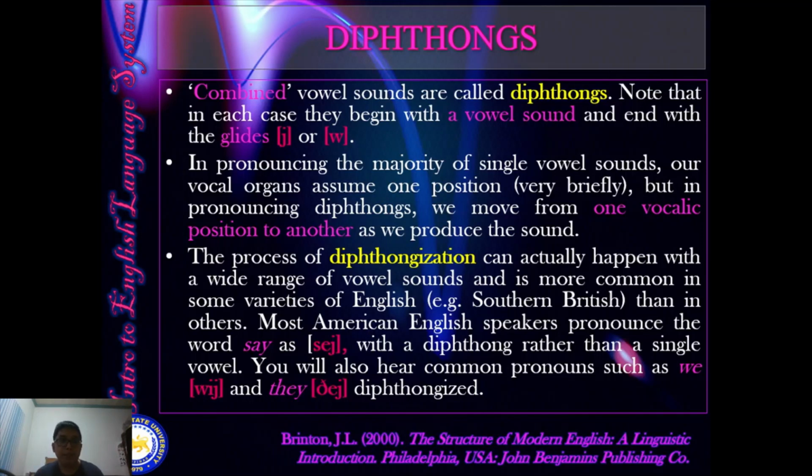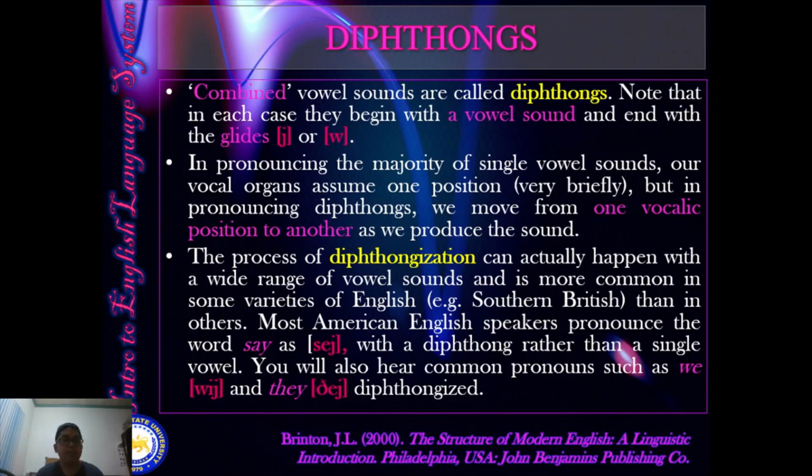But in pronouncing diphthongs, class, it's a phenomenon where you move from one vocalic position to another as you produce the sound. Again. If you notice, there was a slight yet very brief movement in your speech organs.